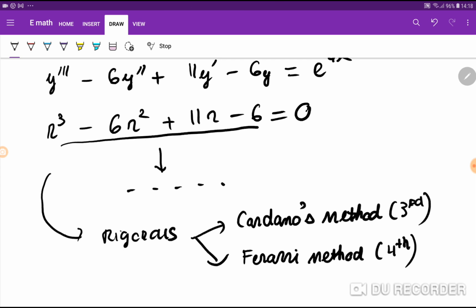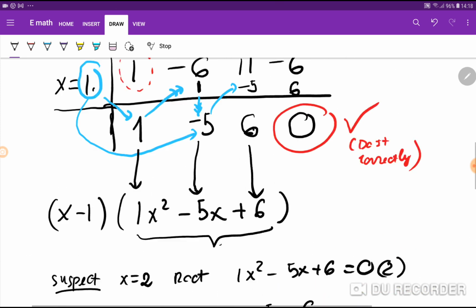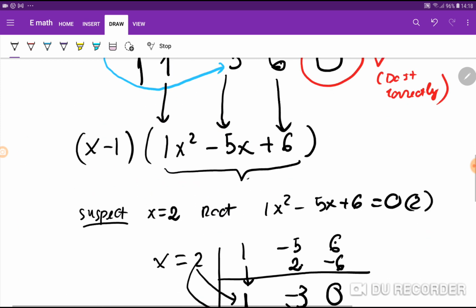Anyway, synthetic division will help you a lot to factor. You can research Cardano. I might do a video in the future about the motivation behind Cardano's and Ferrari's methods. Ferrari's method is for solving fourth degree equations. Cardano's method is for solving cubic equations. But so far you should know synthetic division.